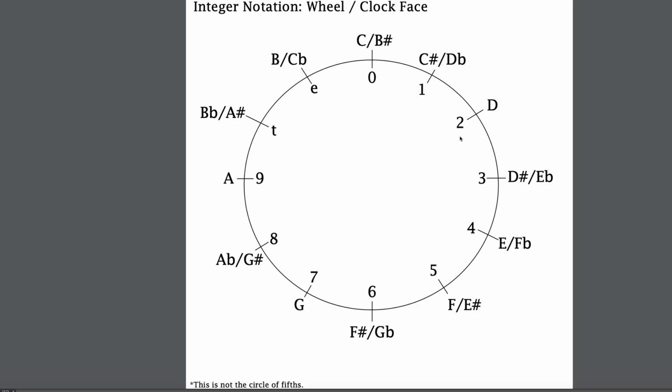That's going to get us to 2, okay? Because we can go 1, 2, 3, 4, 5, right? So this is just a handy way to get your head around counting in 12s, I guess.